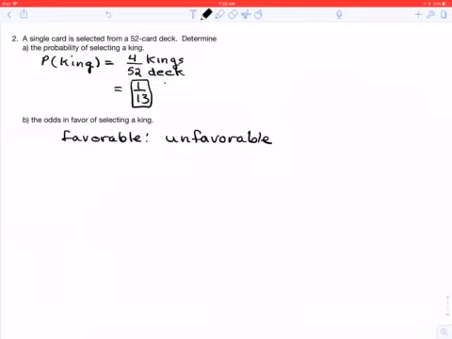We said probability is favorable over total. So from the reduced fraction for part A, we see that there's one outcome that's favorable. Unfavorable would be all the rest. So the total was 13. Subtract the favorable one. So 1 to 12.